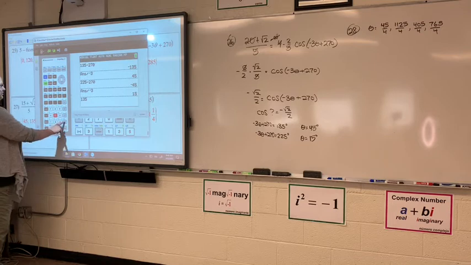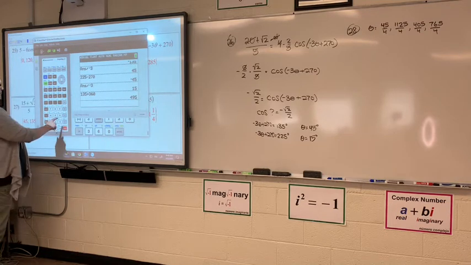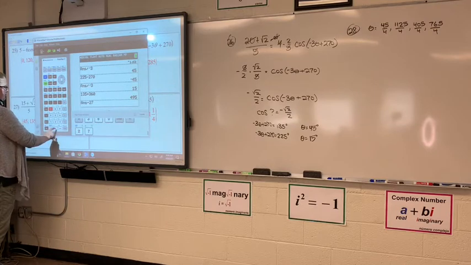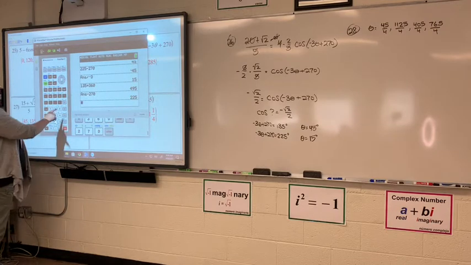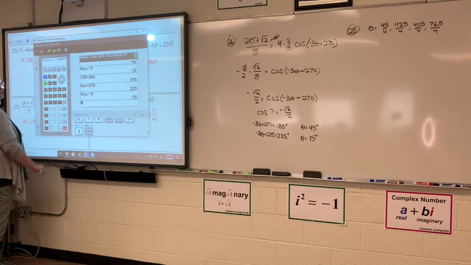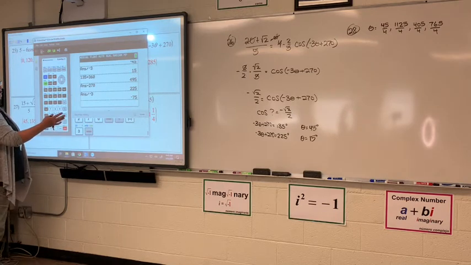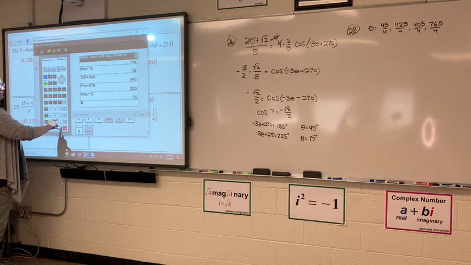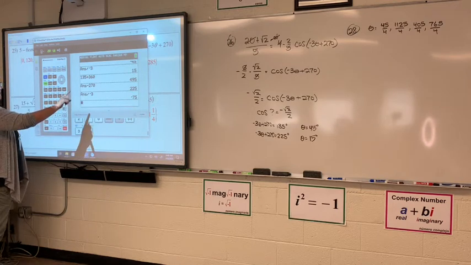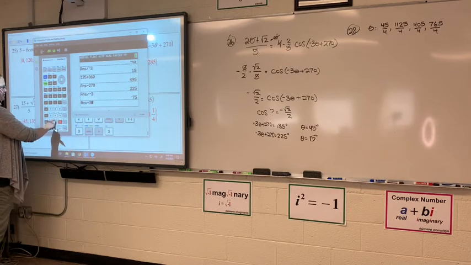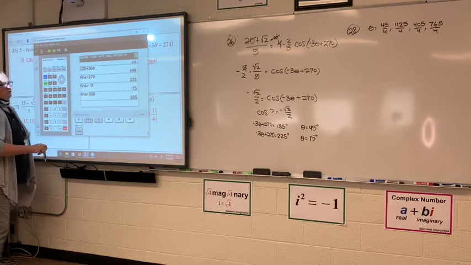I'm going to add 360 and see what happens. Subtract 270 divided by negative 3. So I should have subtracted, then I would end up with negatives. But that's okay, because a negative is just the same as 285.